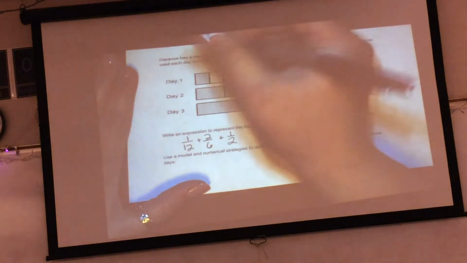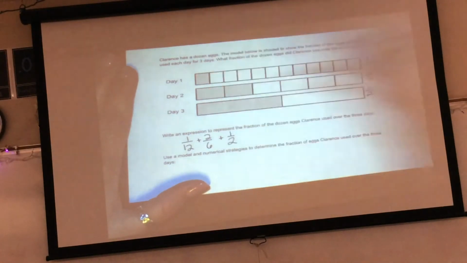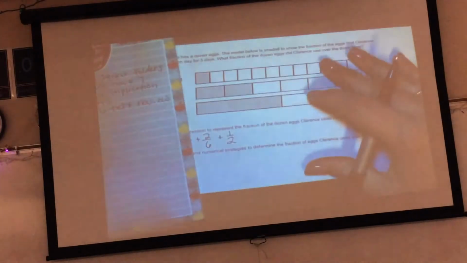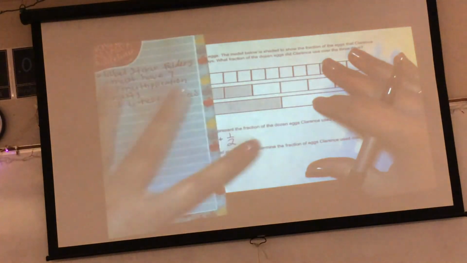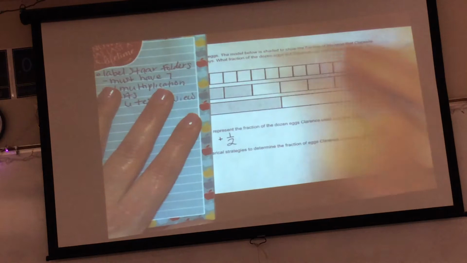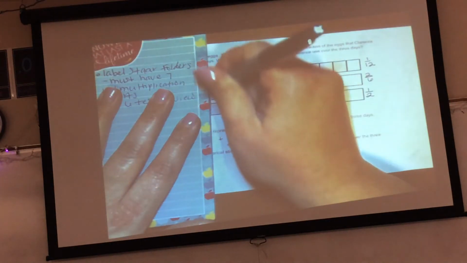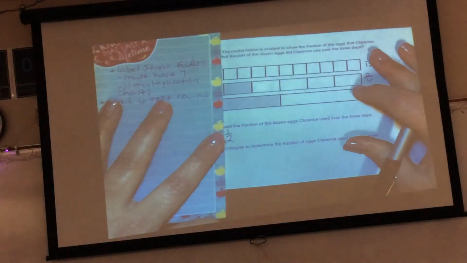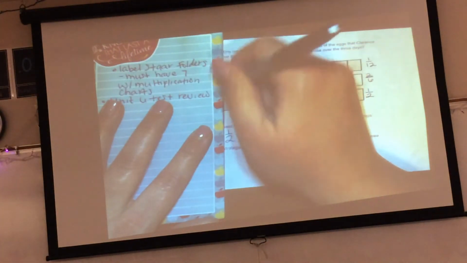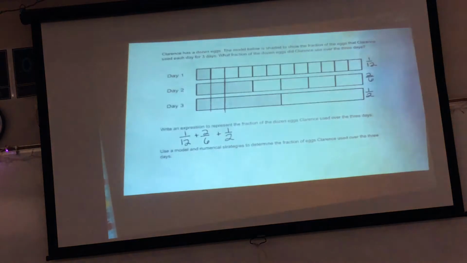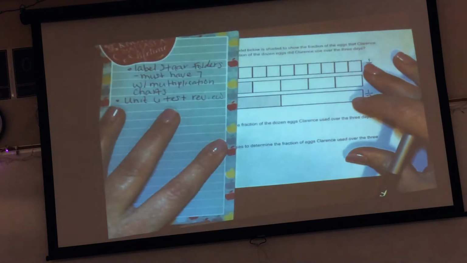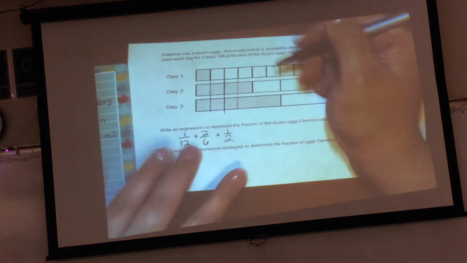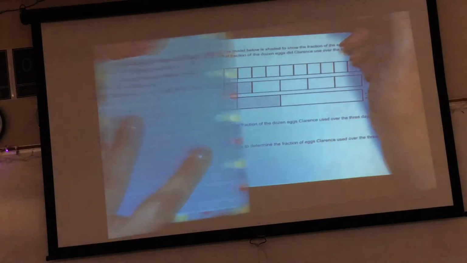So I'm going to extend these top lines all the way down. Extend the next one all the way down. The third one. And I'm going to go through all the lines doing that.